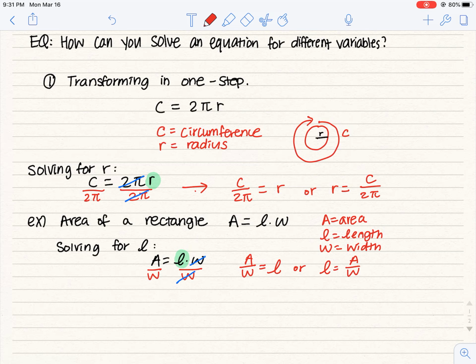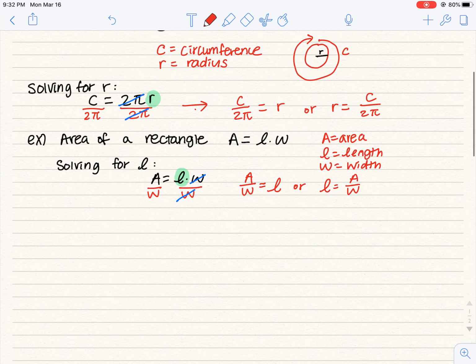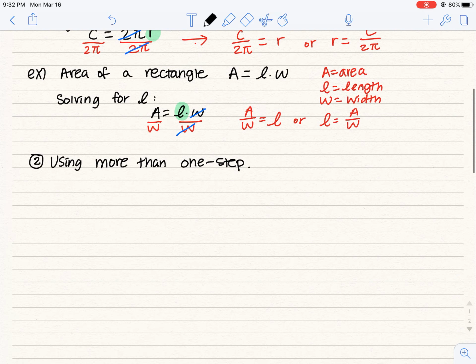Now, sometimes you need more than just one step. So what if you have to use more than one step?